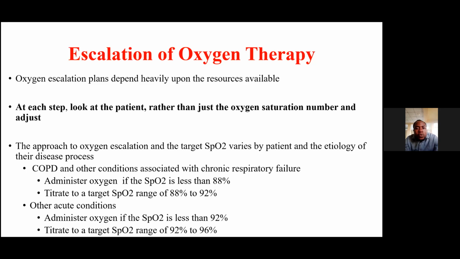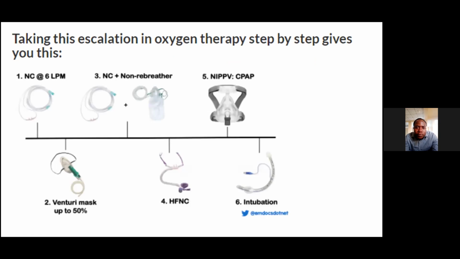So in chronic conditions of hypoxemia is where you target between 88 and 92, but in the acute settings, you give oxygen when the saturation is below 92%. Next slide, please.